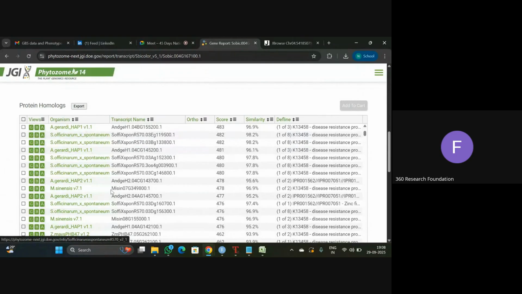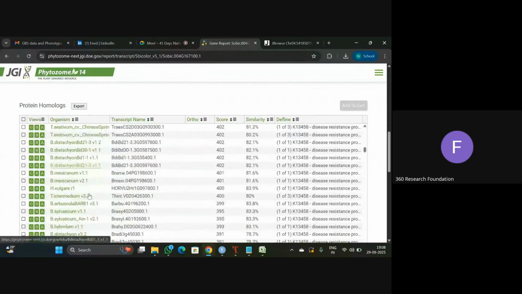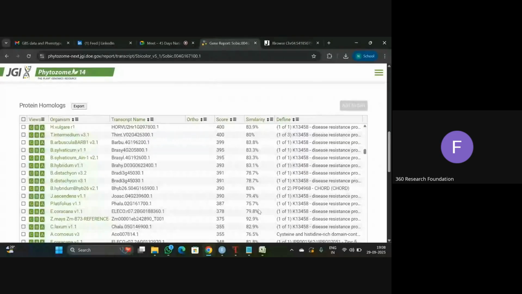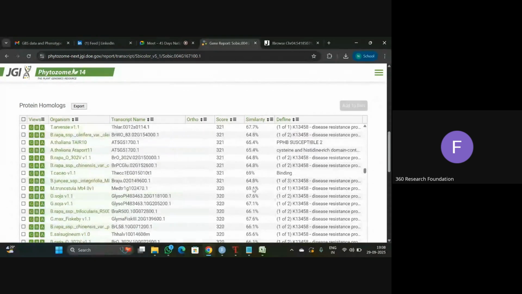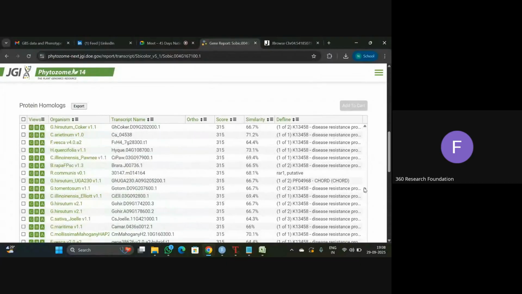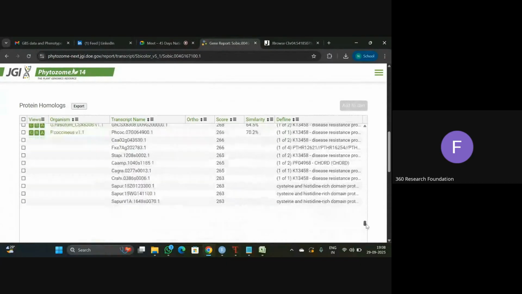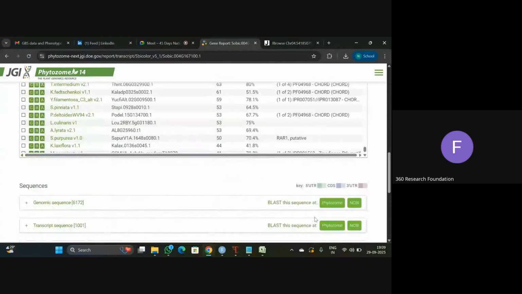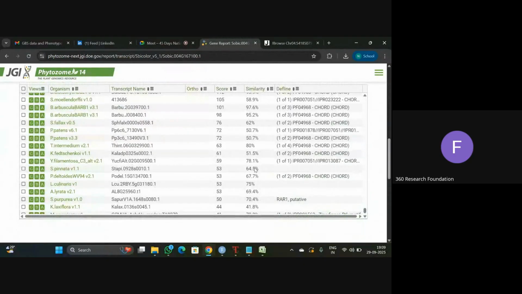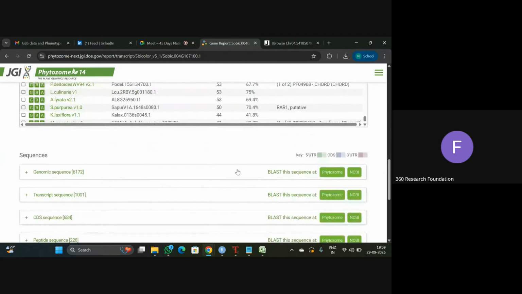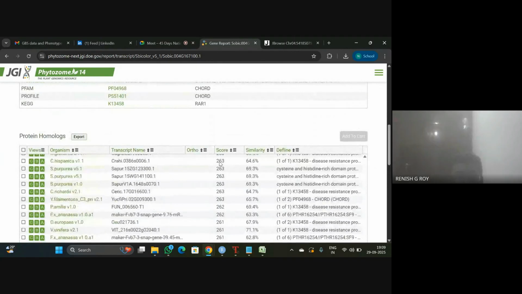Then here you can see the number of species with similarity percentage. There are a number of species right from 100 up to, I think, 40, 20.